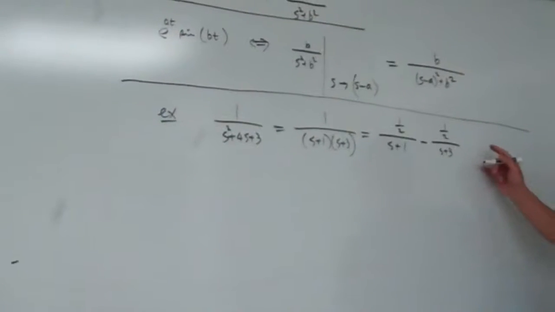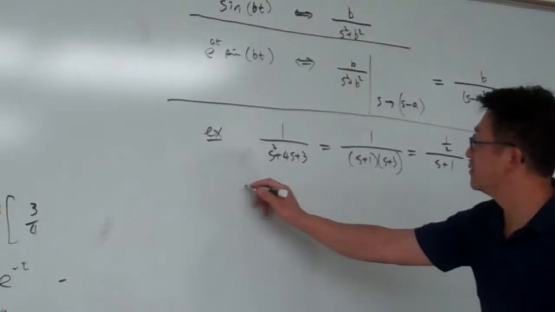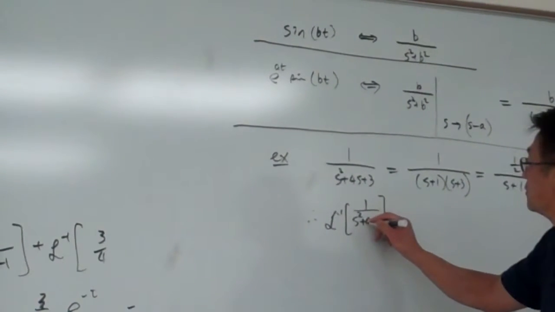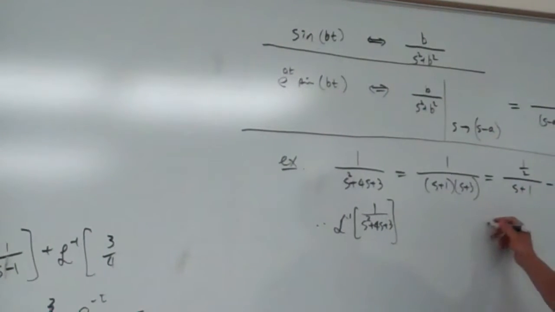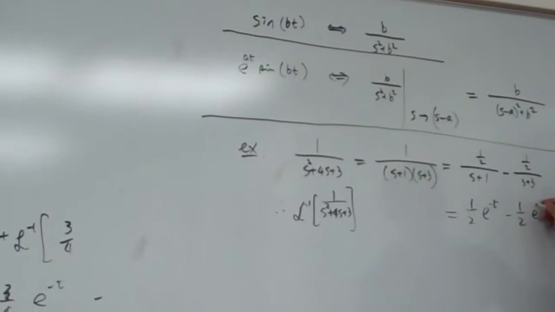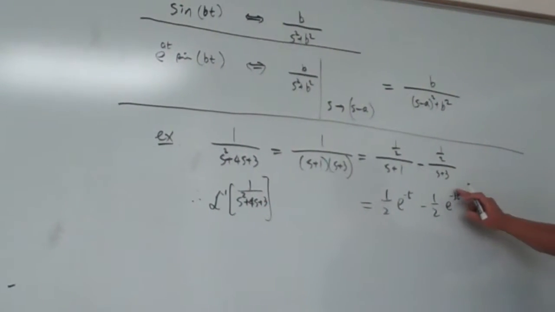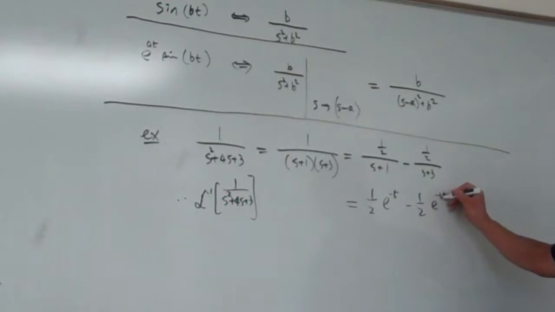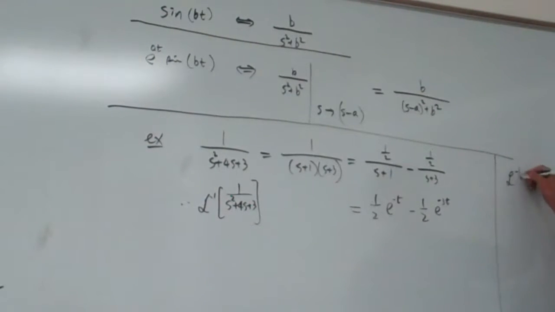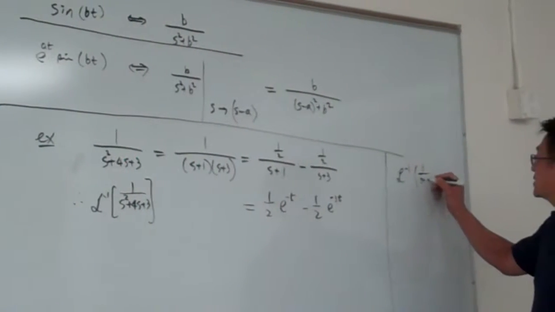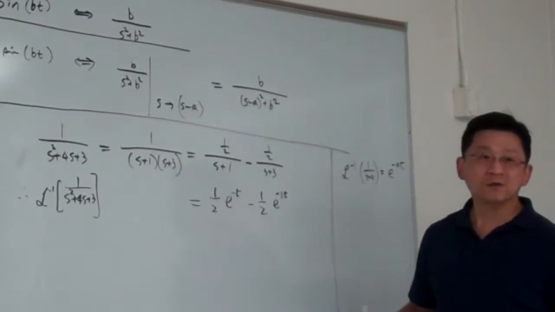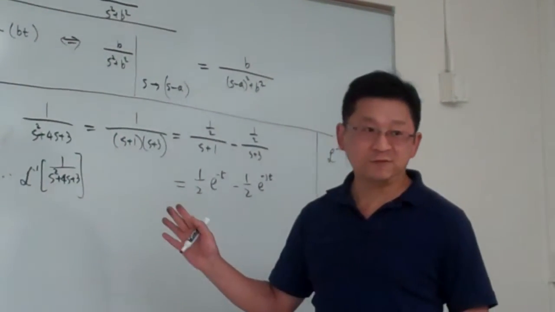Therefore, for this case, the inverse of this term is equal to 1/2 e^(-t) minus 1/2 e^(-3t). Here I have utilized the property that the inverse of 1 over (s plus a) is e^(-at). So for this case, we can factorize it, piece of cake.